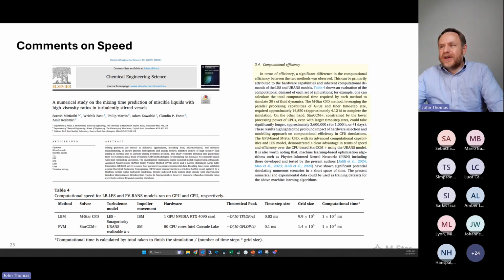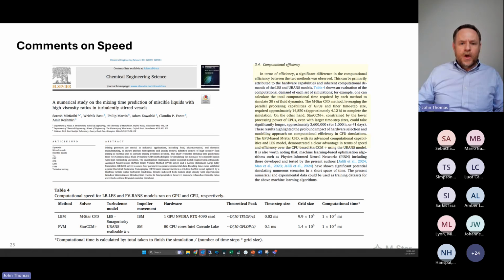It said the quiet part out loud: we're all solving the same physics here. We're all solving the governing equations. We're all attempting to solve Navier-Stokes. M-Star attacks it using LBM. I think you're using Star-CCM+, which is a very widely used tool, attacking it using finite difference and finite volume, as OpenFOAM and other tools do.